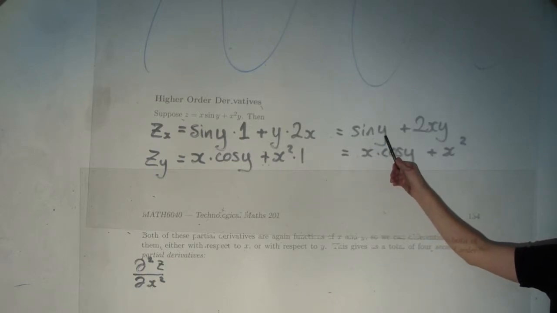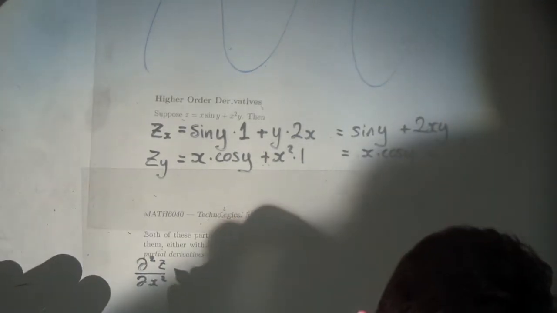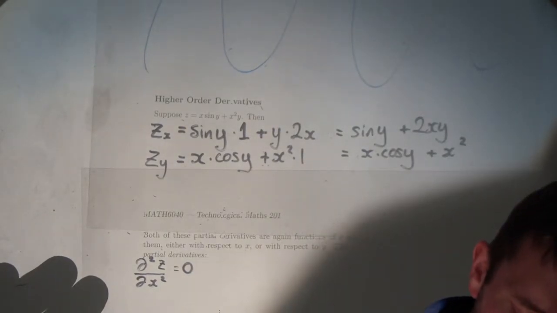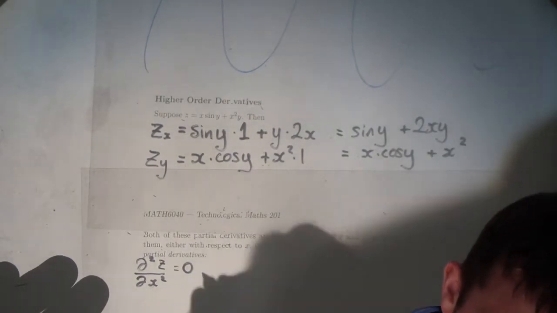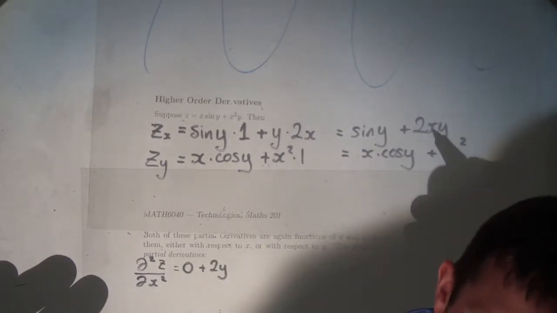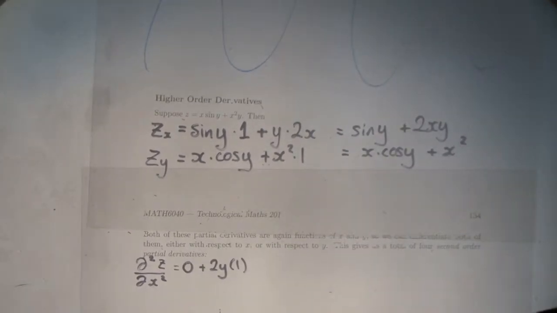So sine of y is sine of 2, which is a constant, derivative 0. Any constants about in 2xy with respect to x? Y. Y, anything else? 2. So 2y. And what is the derivative of x with respect to x? 1. So that's 2y. We'll put it in the diagram down below in a moment.